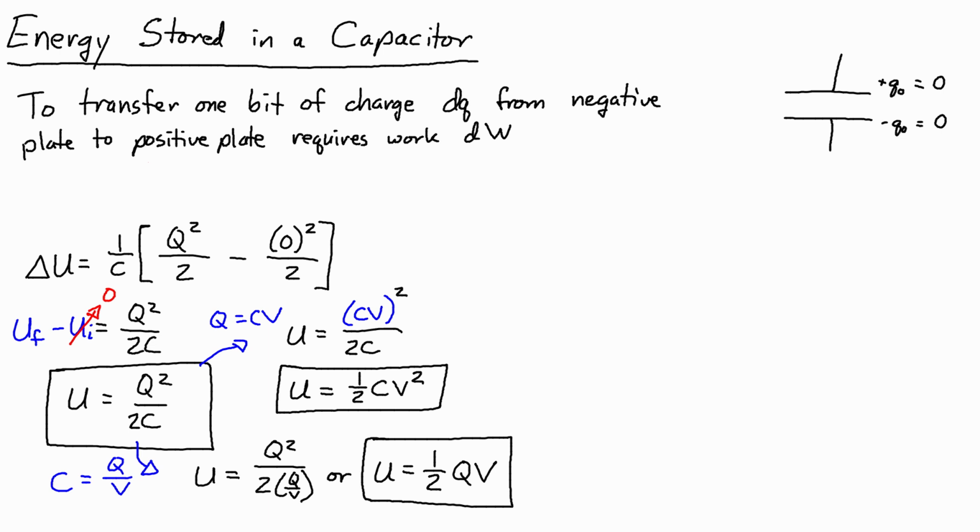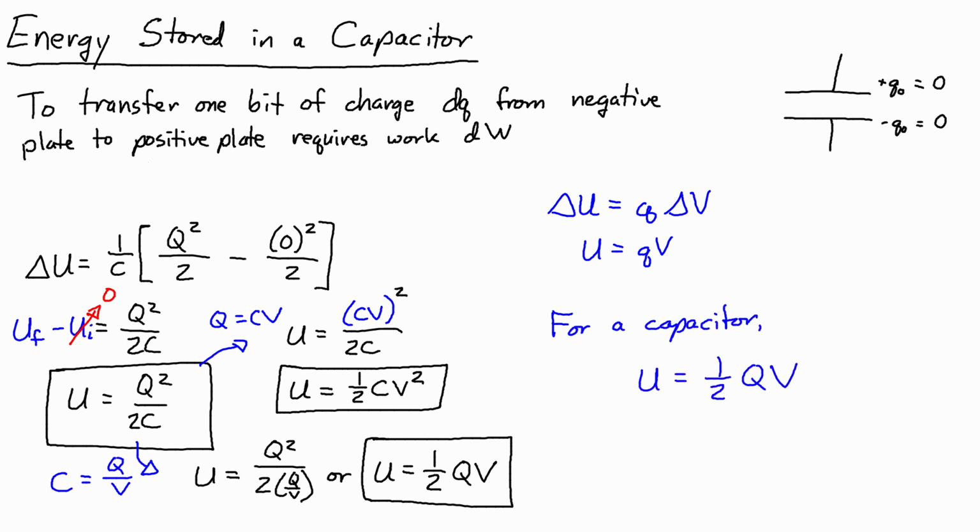This is the strange result, because remember, we definitely used the idea that delta U is equal to Q times delta V. So if U initial and V initial are both 0, you would expect that U is equal to QV. But what we just proved is that for a capacitor, U is equal to 1/2 of Q times V. The energy stored in the capacitor is 1/2 of the total charge on the capacitor times the voltage across the capacitor.